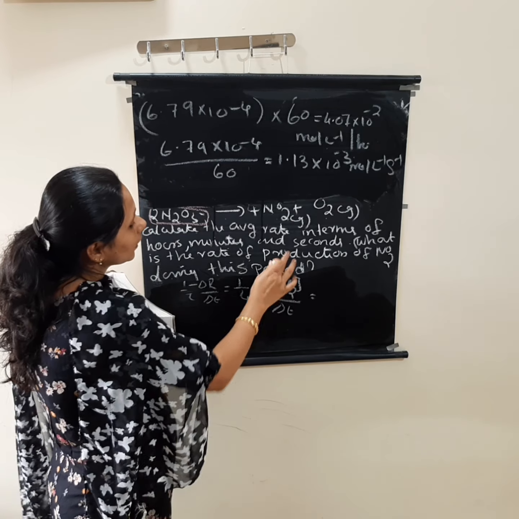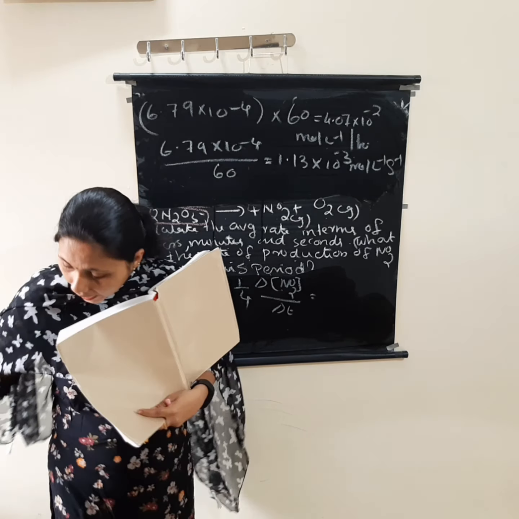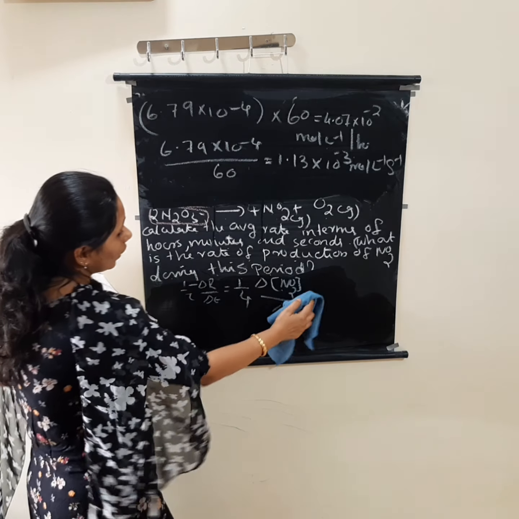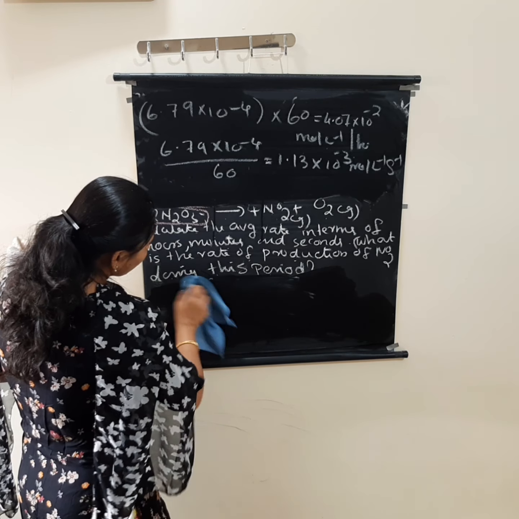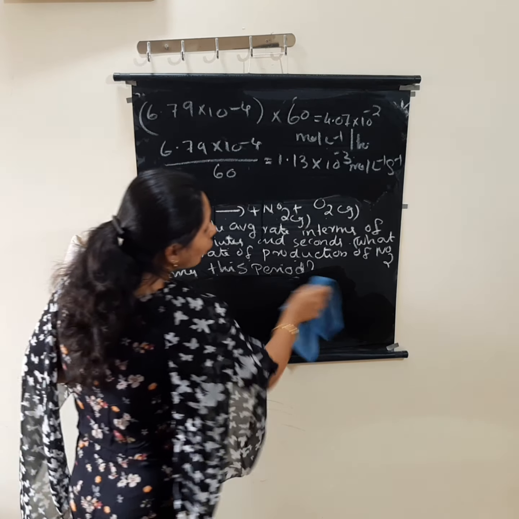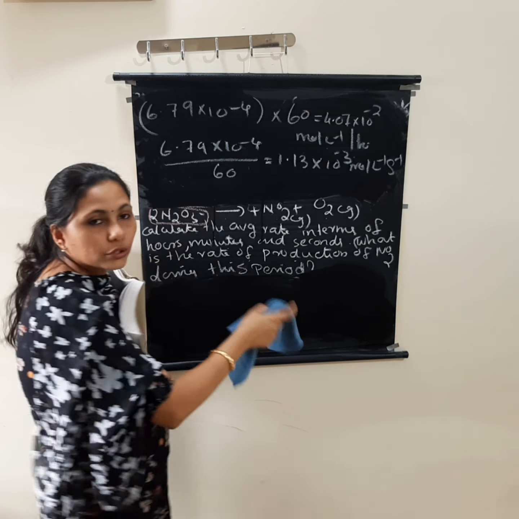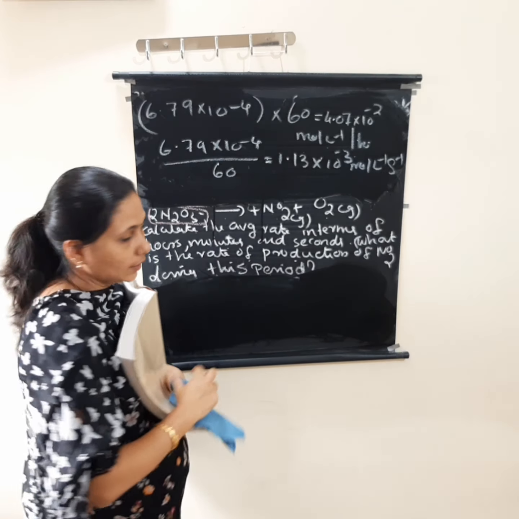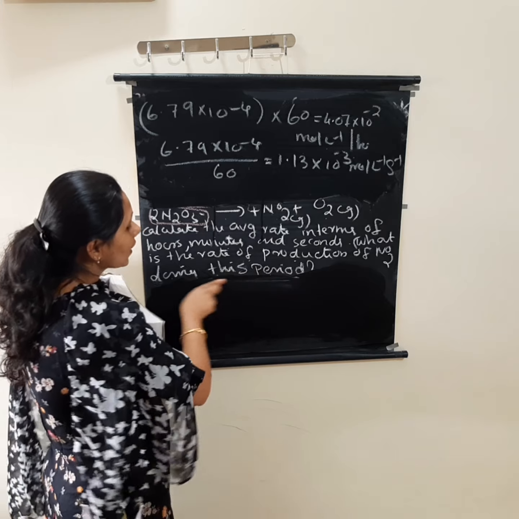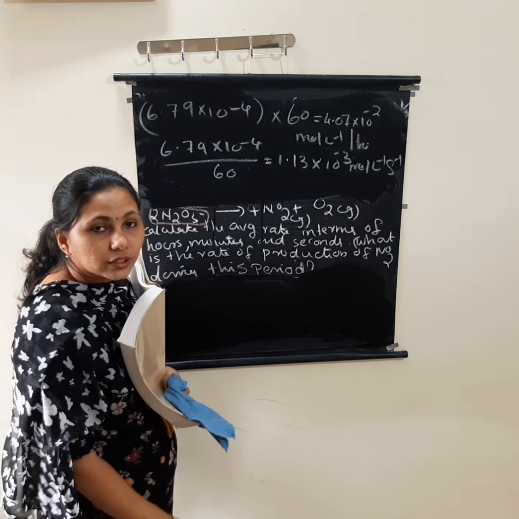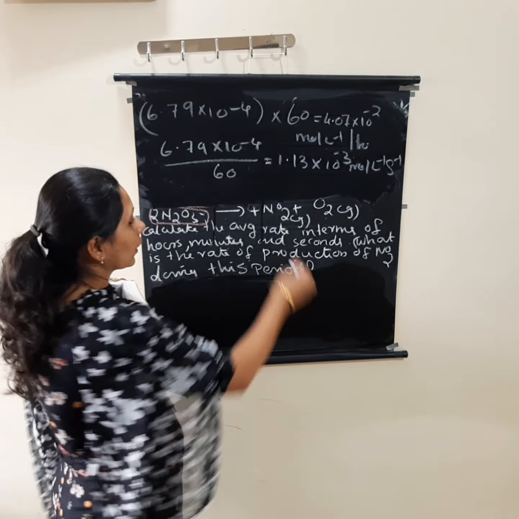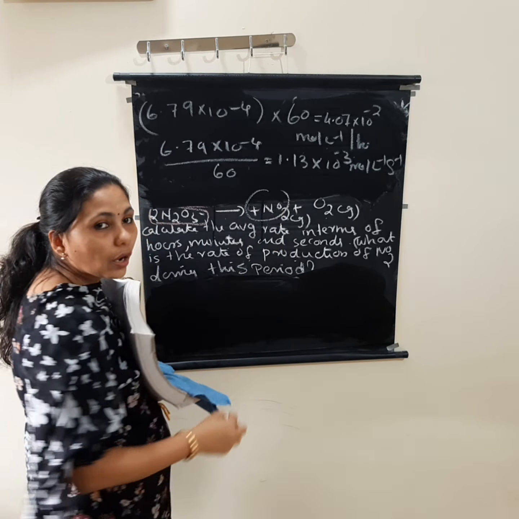So here in the problem they are asking according to the product. We have to find the amount of NO2 produced during this time. So first we have to write the average rate in terms of products, in terms of NO2. How will we write it?